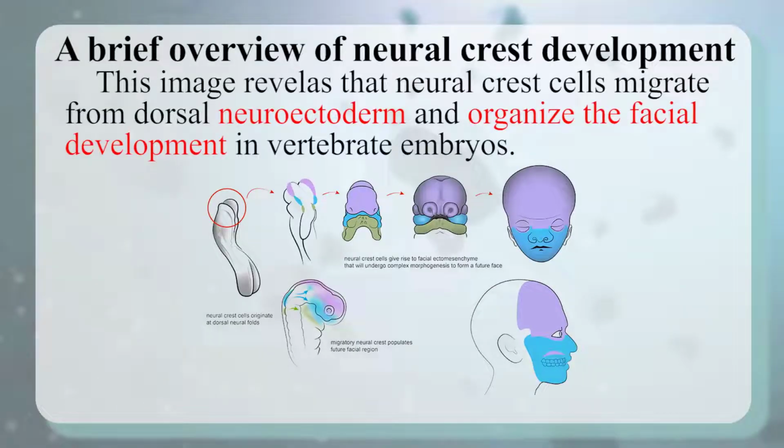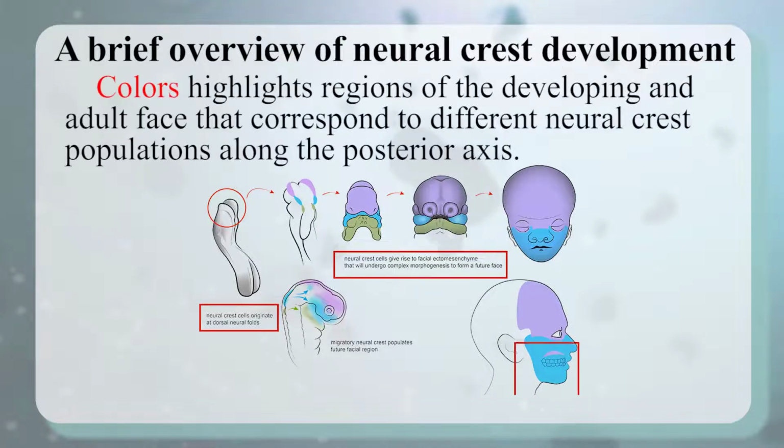This image reveals that neural crest cells migrate from the dorsal neural ectoderm and organize the facial development in vertebrate embryos. Colors highlight the region of the developing and adult face that correspond to different neural crest populations along the posterior axis.